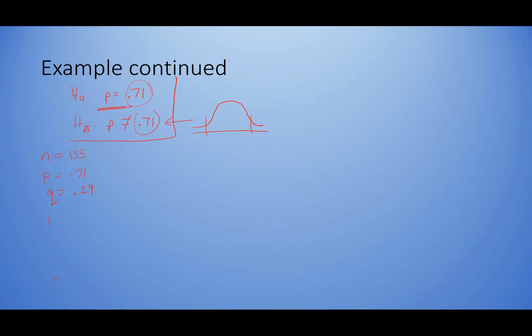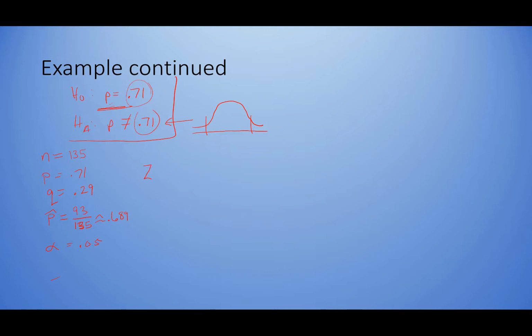I know that p hat is going to be equal to the 93 that said yes, they do have student loans or student debt, out of the 135 that I sampled, which is approximately, I'm going to round mine to 0.689. And then I know that my alpha is equal to 0.05. So I think those are all the values that I know from my text.